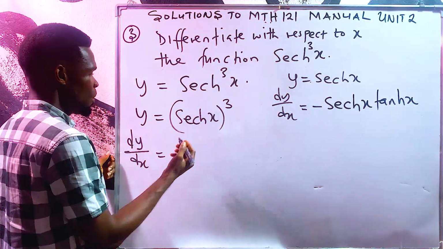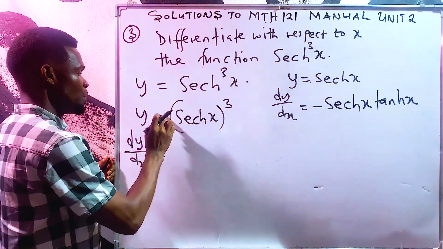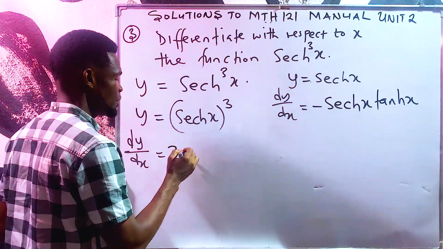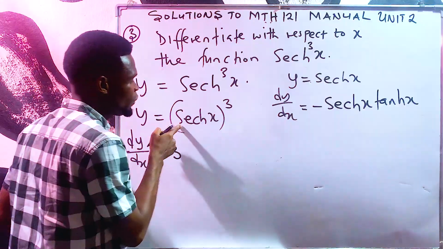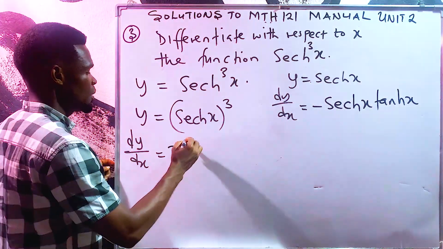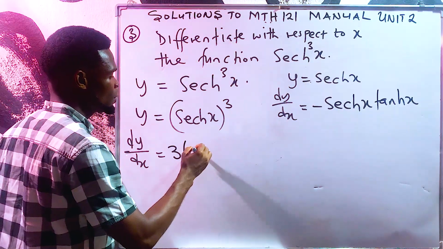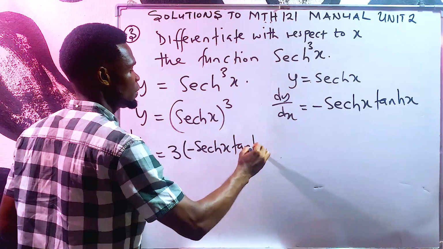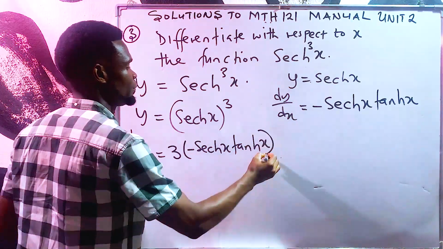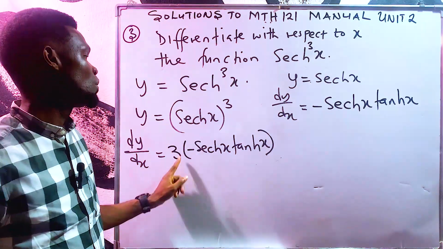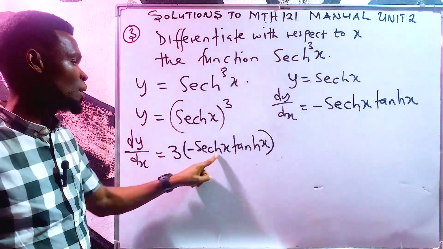Step 1, bring down the power. Look at it here, 3. Step 2, differentiate the bracket. So what's the derivative of sec x? It is sec x tan x.